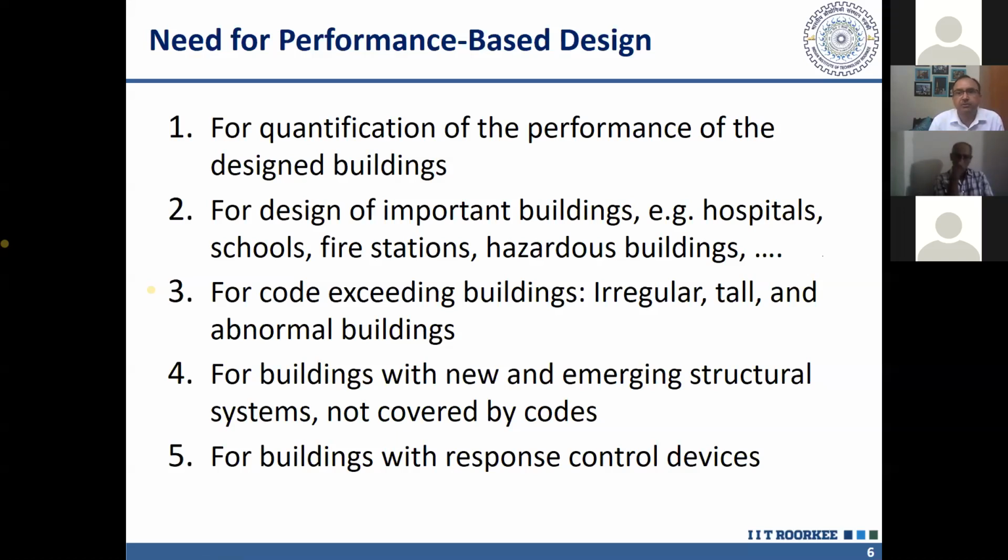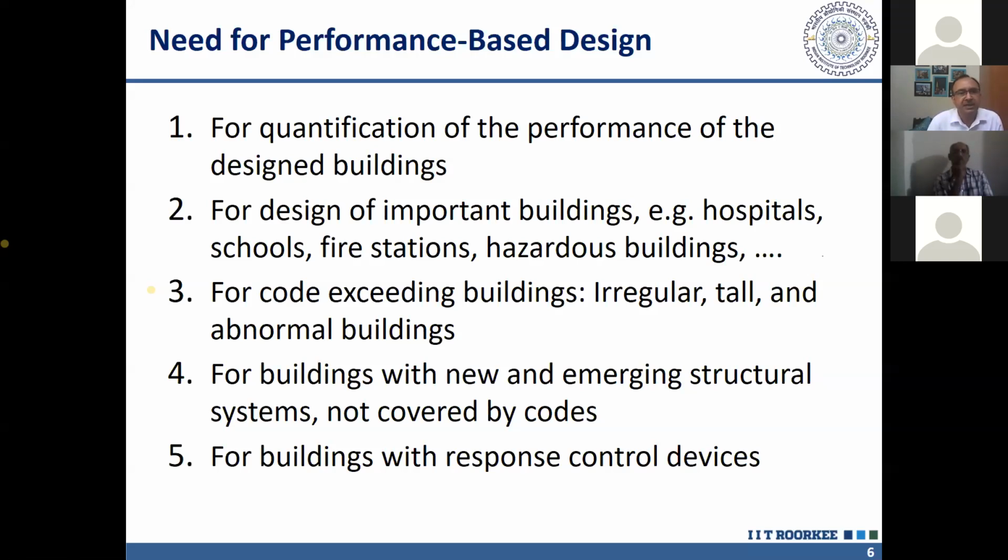Then for design of important buildings, which have either post-earthquake importance or a hazardous consequence, those buildings need to be designed for better performance. A damage state where the building is just at the verge of collapse, with collapse somehow avoided, is not acceptable for these buildings. So there we have to go for performance-based design.